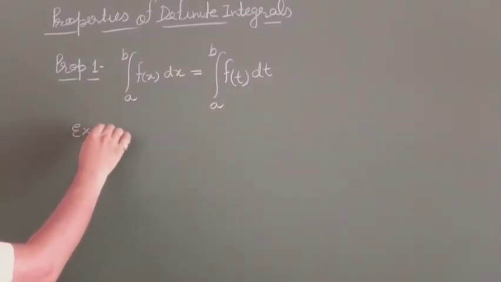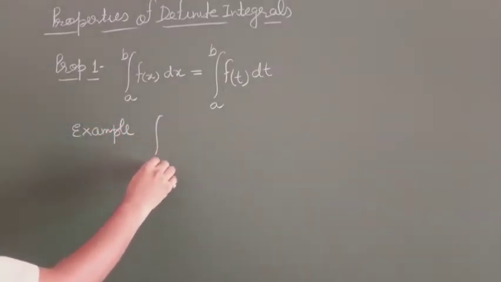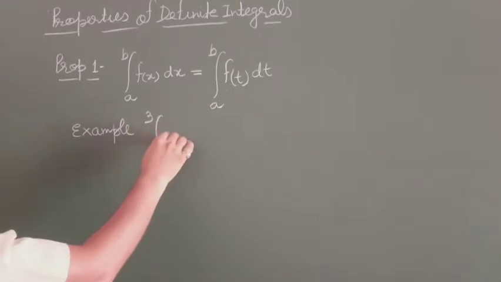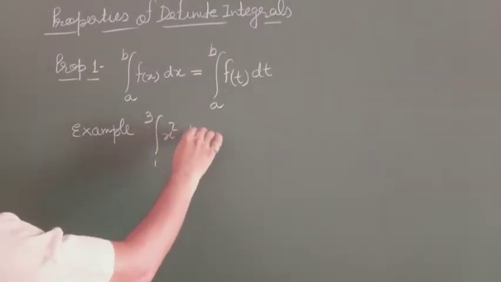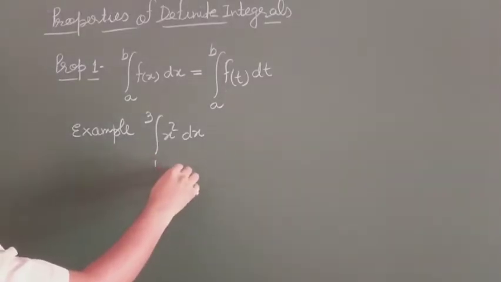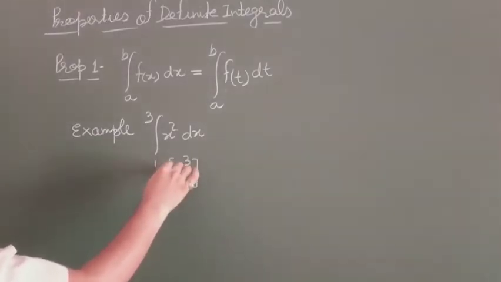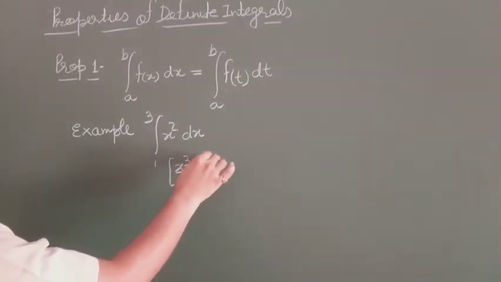Suppose we have to find the integral of x square with respect to x. Limits are 1 to 3. You know its integral. It is x cube upon 3, and limits 1 to 3.